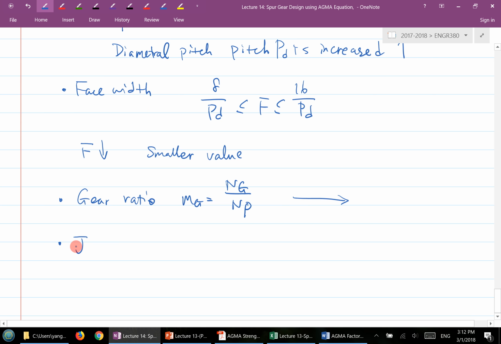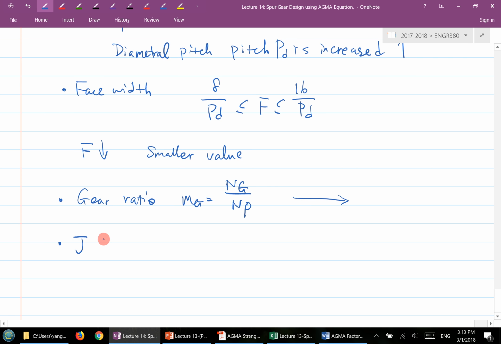If you look at the bending stress equation, you have the geometry factor J. So J here is the form factor. So it's basically the Lewis form factor, right? I think in the previous lecture I used the software to show you. If I keep the number of teeth, but increase or decrease the diametral pitch, the gear tooth length will change, but the gear tooth form, the geometry form, will be kept the same.